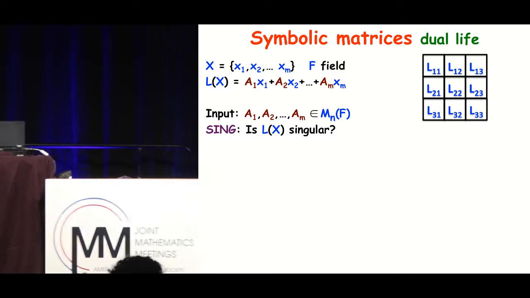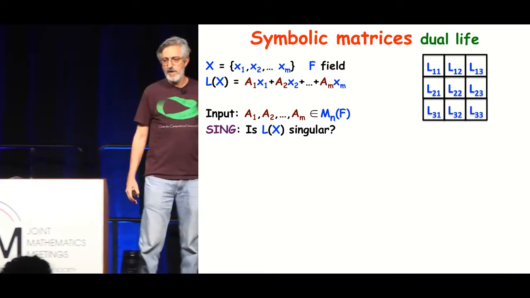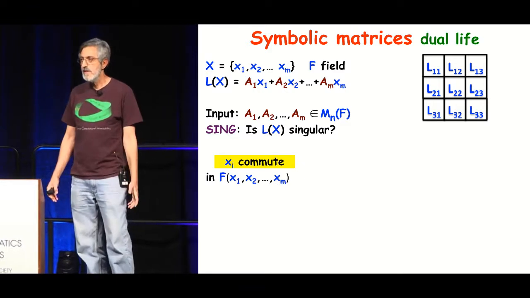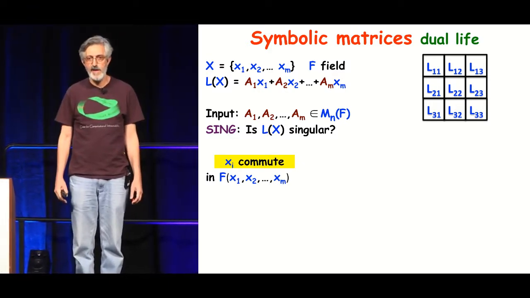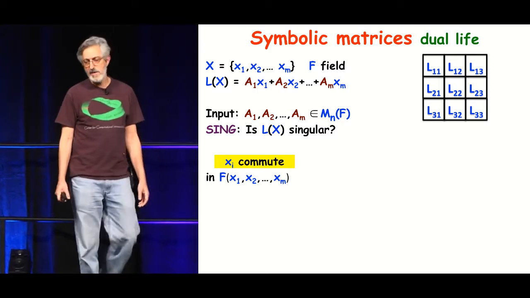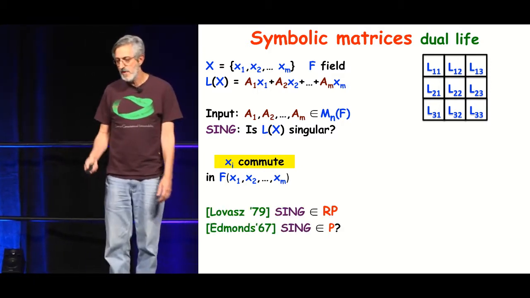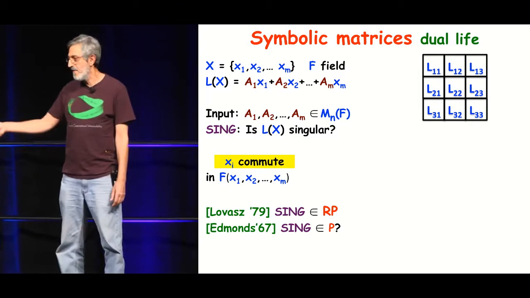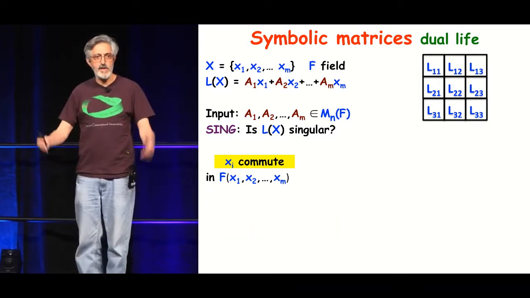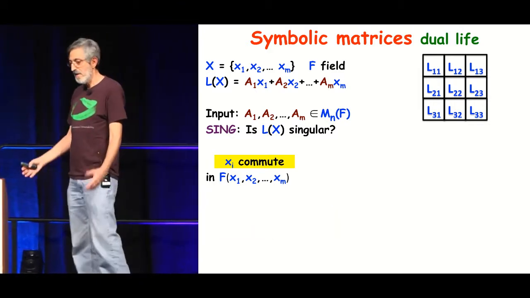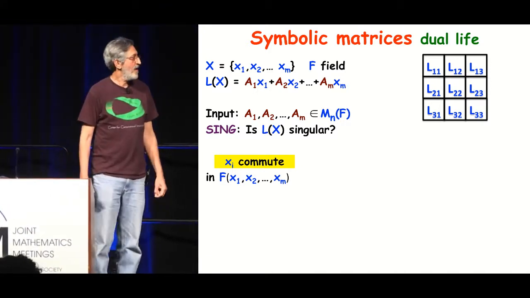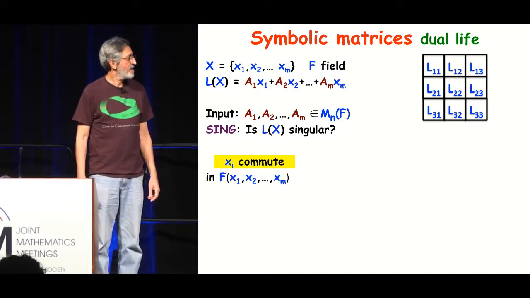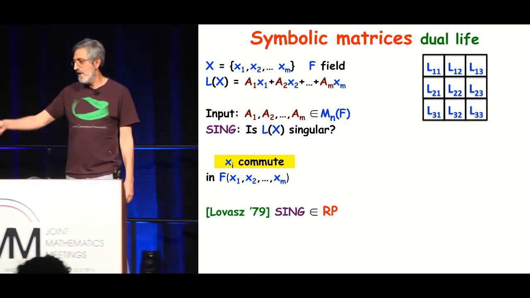We are given this tuple of matrices, and the question we were asking ourselves is whether this matrix is singular, whether the determinant vanishes. So singular where? If we ask it like this, we ask whether it's singular when the variables commute, whether it's invertible or singular over the rational functions in these variables. And as we said, we don't know the answer.